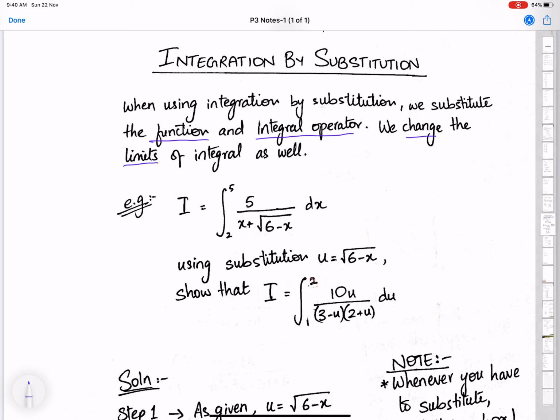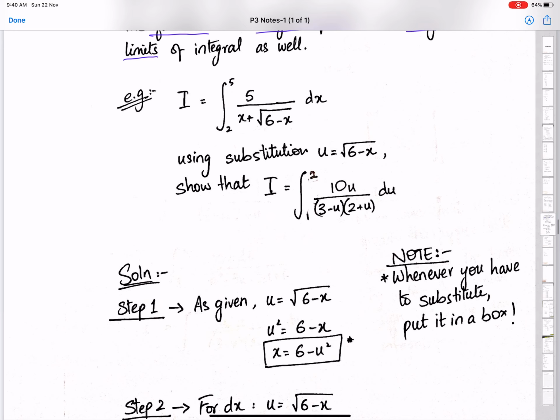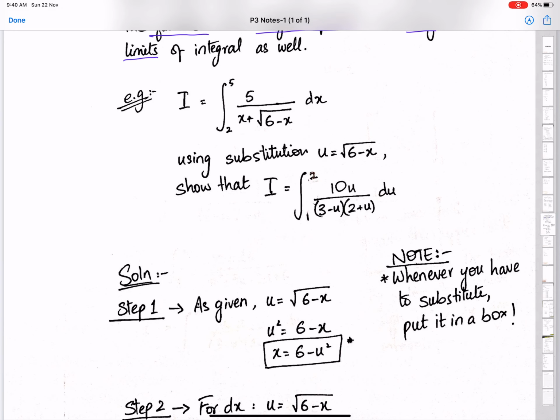Well, this is the question, example number 1, one of the most important examples regarding this method. This integral I is given and this substitution is given. Make sure you use the given substitution, and in the P3 syllabus the substitution will always be given. You don't need to suppose anything.